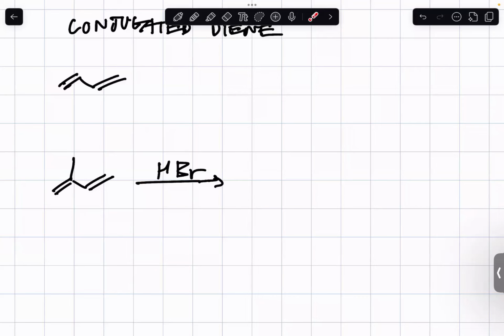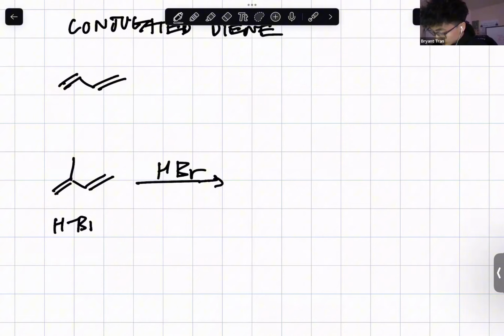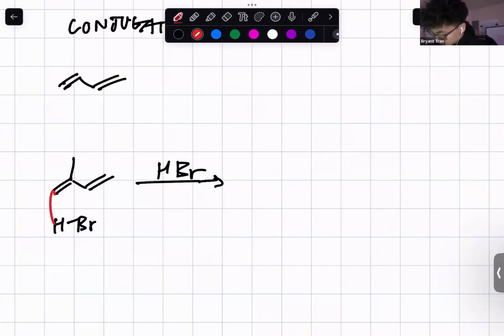Let's look at the left alkene. We have to figure out which carbon would give us our most stable carbocation. It would be the one on the right. So the one on the left grabs the hydrogen, kicking out the bromine, in order for us to have the carbocation on the right.